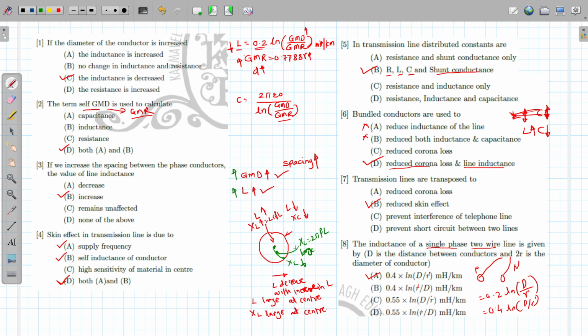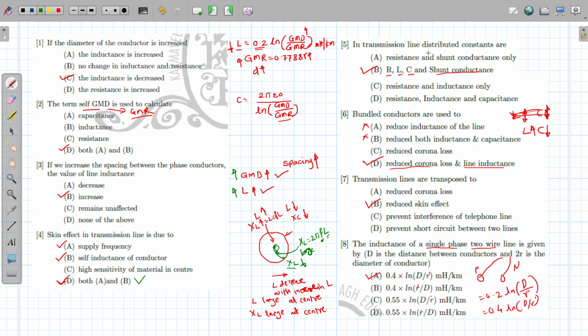So you can say that it is proportional to the self inductance. Also it is proportional to the frequency, because inductance depends upon the frequency as well as the self inductance. So at the center the inductance value is high, on the surface the inductive reactance is low. So it is due to both A and B.